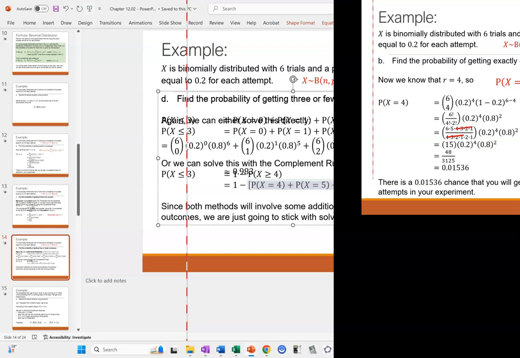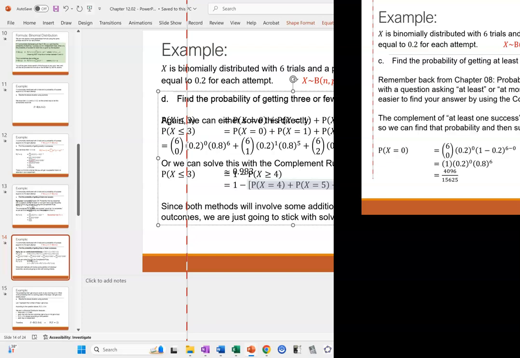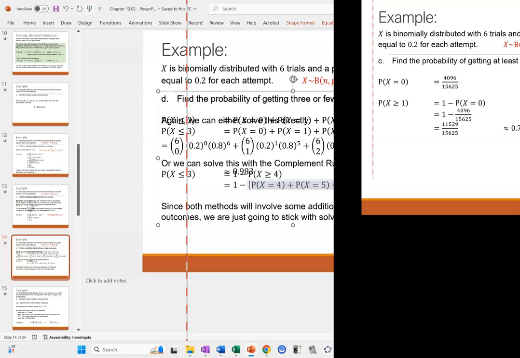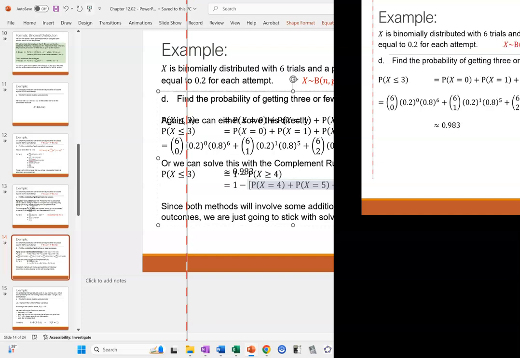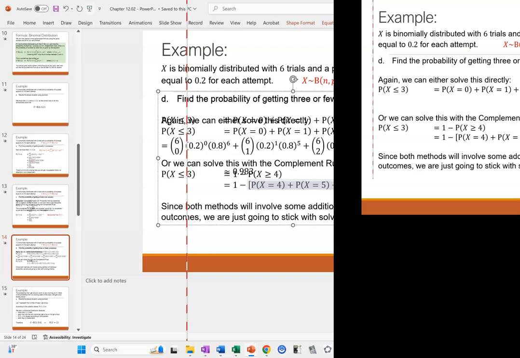You ever struggle with PowerPoint? I kind of hate it. Oh, that was the slide I wanted. I prefer doing it all myself, but anyway, so here we're at.